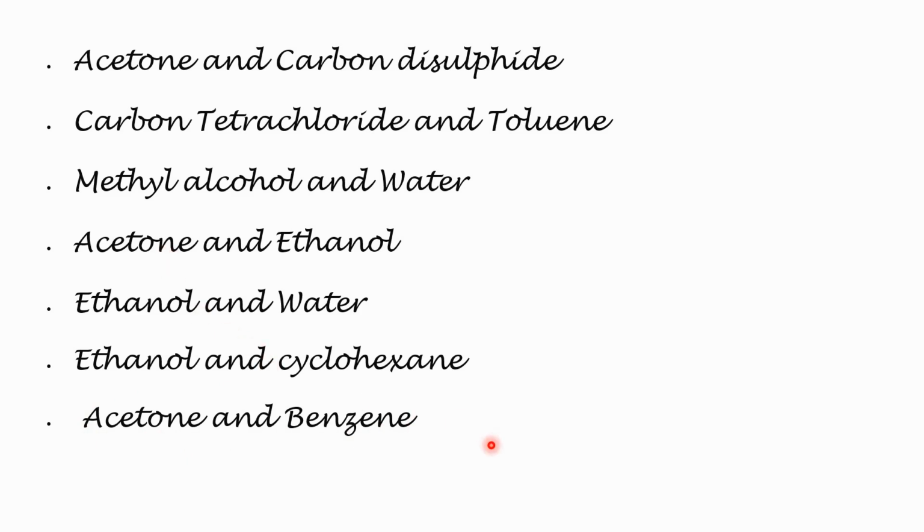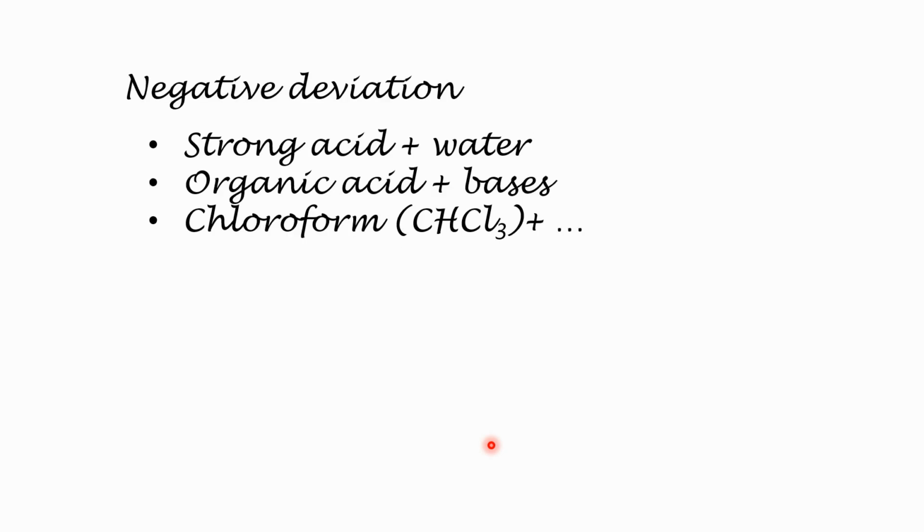So how do you identify a solution showing positive deviation? If it is a mixture containing alcohol, carbon tetrachloride or carbon disulfide, it belongs to solutions showing positive deviation. Then solutions showing negative deviation. The main group is strong acid plus water.